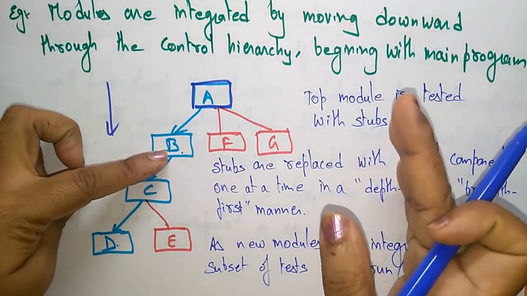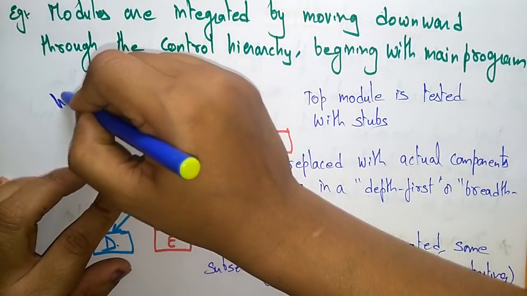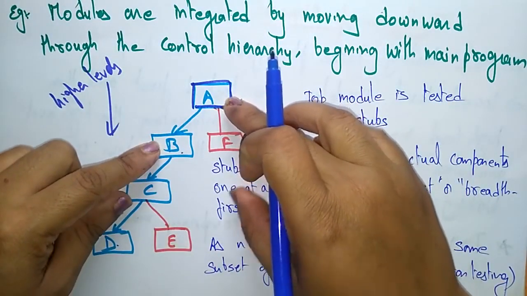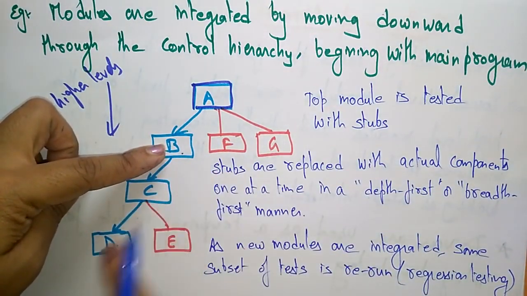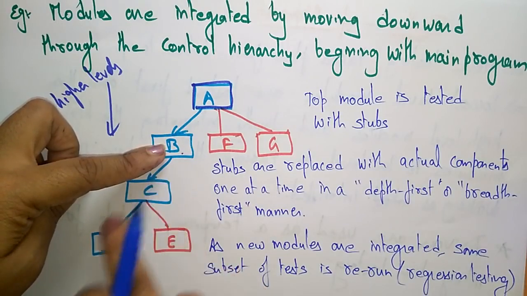So first in the top-down approach, whatever it may be, first you have to test the higher levels. If you want to test the higher levels, B is ready, but C and D are not ready because they are still performing unit testing. Okay, they are not ready.